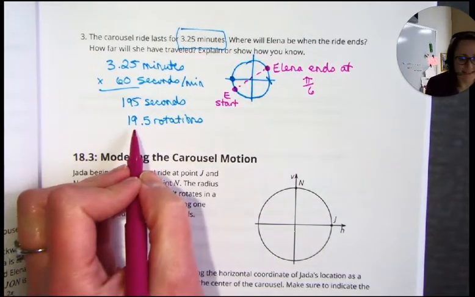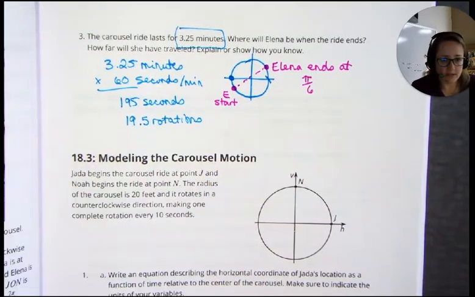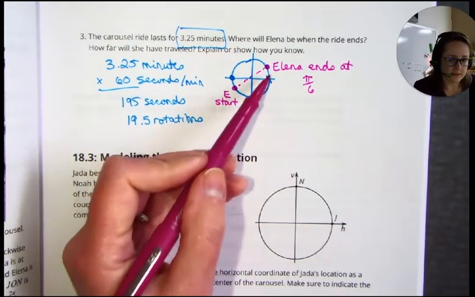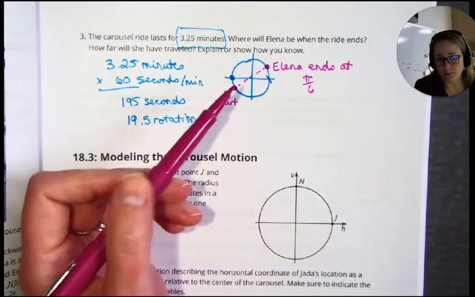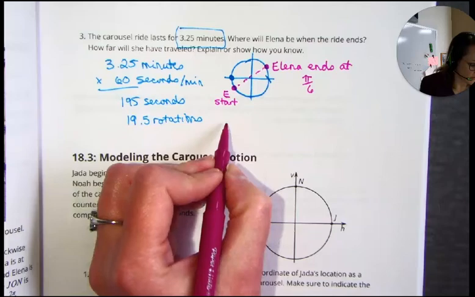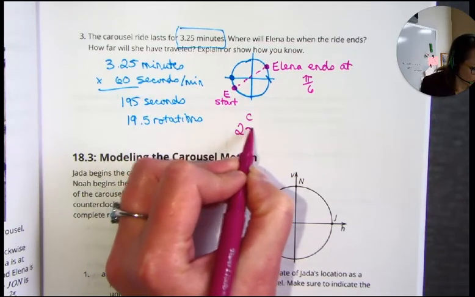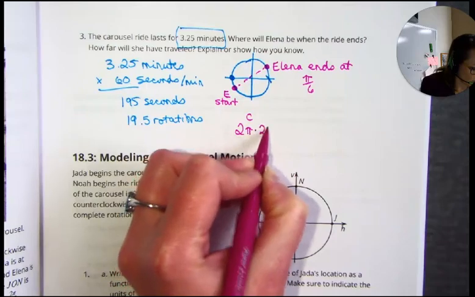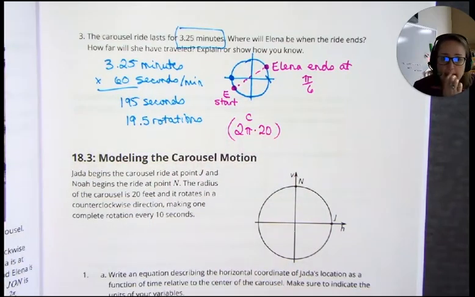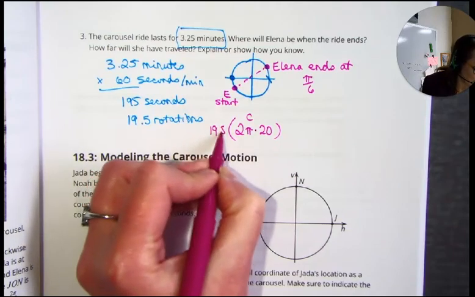Now she's gone 19 and a half rotations. Last question we need is, how far has she traveled? We already calculated before that distance around the full circumference. Remember circumference right there, that was 2 pi r. So circumference, 2 pi times the radius of 20. And she's gone that distance 19 and a half times.